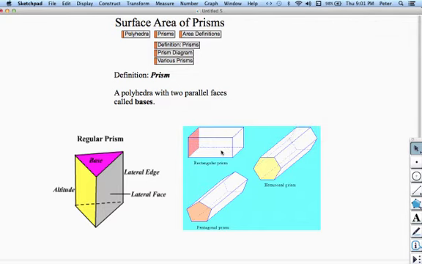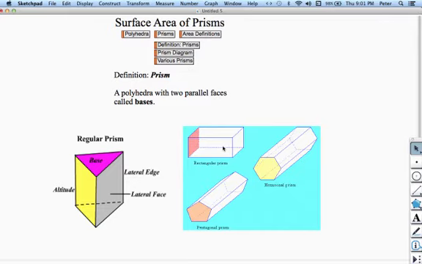And in a rectangular prism, the bases would also be parallelograms. So it's a little unclear with rectangular prisms. It's a little ambiguous as to what's the base and what's a lateral face. That's not terribly important. Everybody understands the ambiguity.